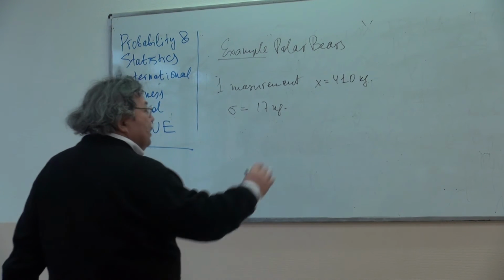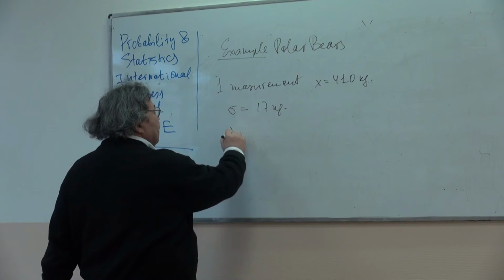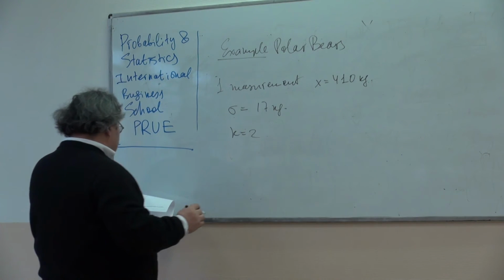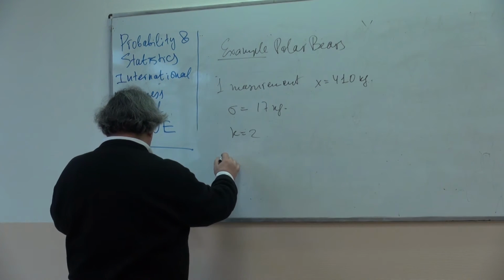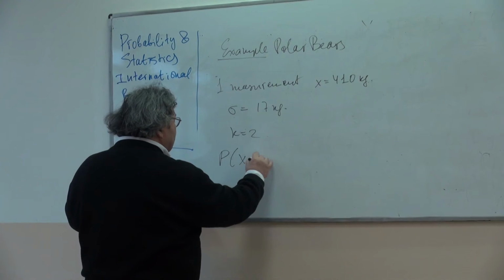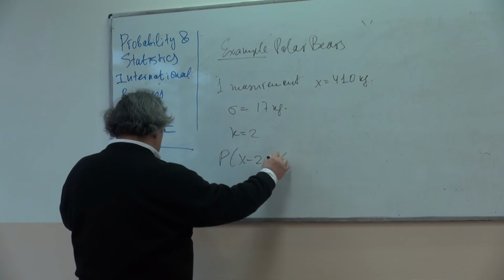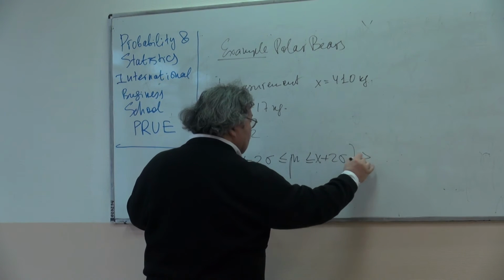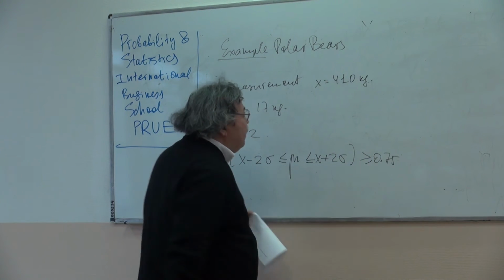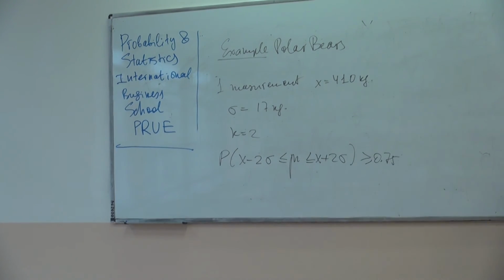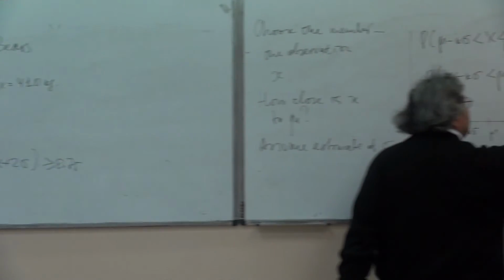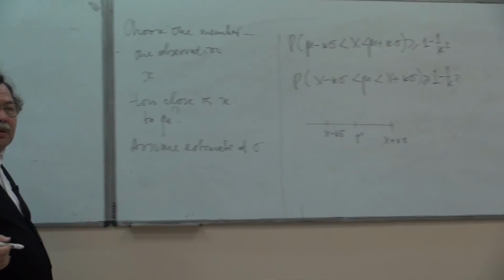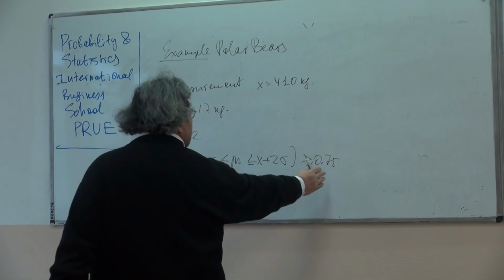All right, and then we set k equal to 2 in the Chebyshev inequality. And then we write this: P of x minus 2 sigma. Now, if you substitute 2 for k here, it's 1 over 4, and 1 minus 1/4 is 0.75, and this is why I write this here.